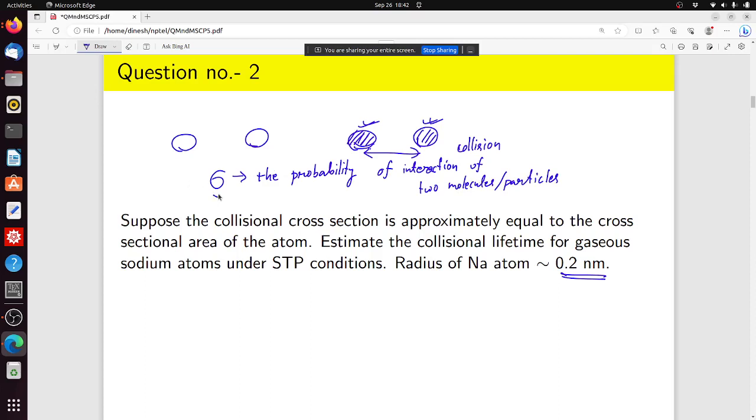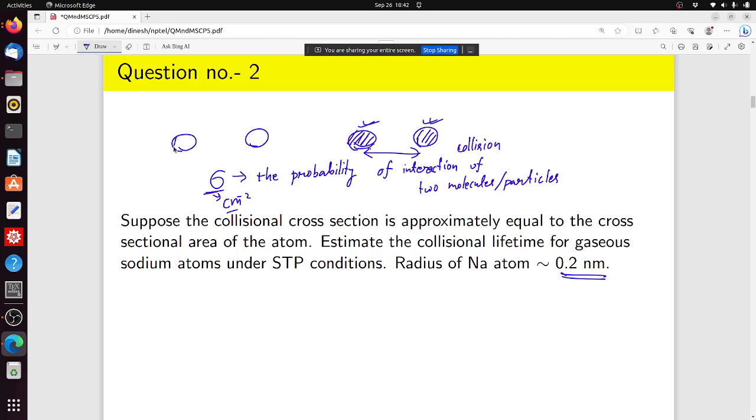Its unit is the area unit. This cross section describes the probability of interaction of two molecules or particles.